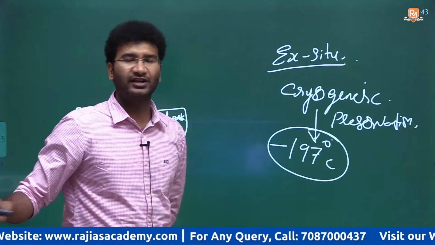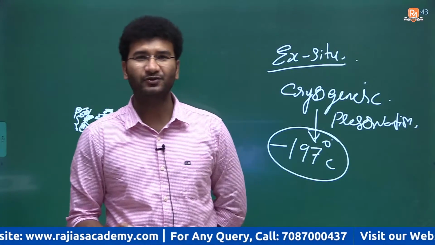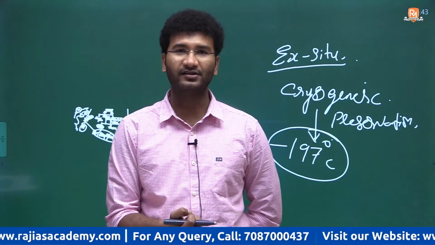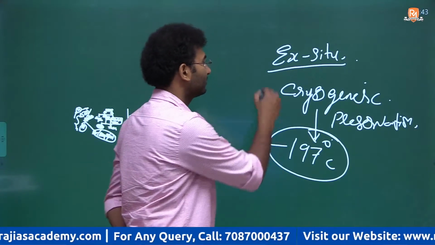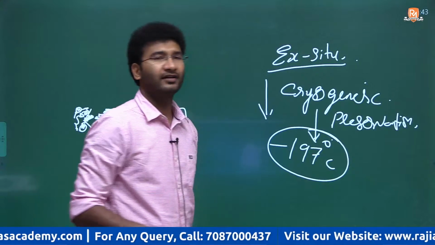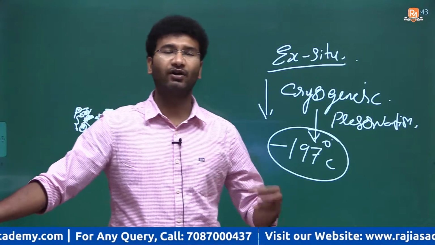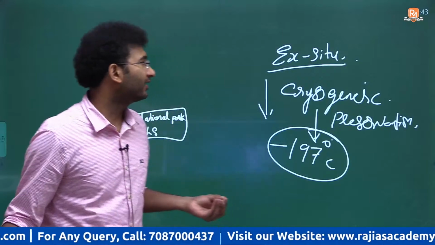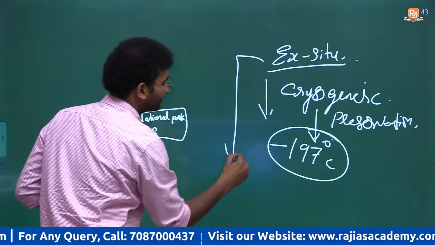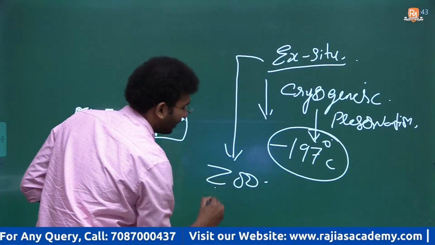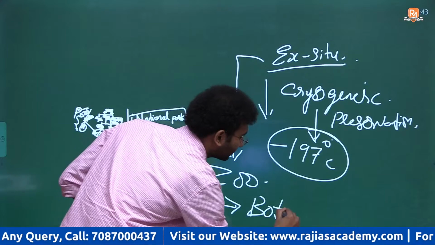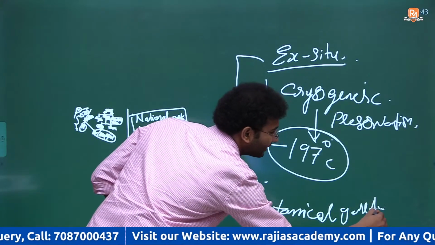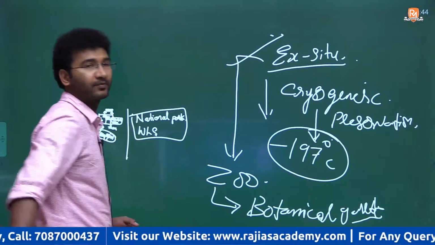These days, whenever a new baby is born, their stem cells are being stored, right? This stem cell storage can also be considered an ex situ conservation. That is also one type of molecular diversity, right? Along with that, you also have other kinds. They are zoos and botanical gardens. These are also examples of your ex situ conservation, right?